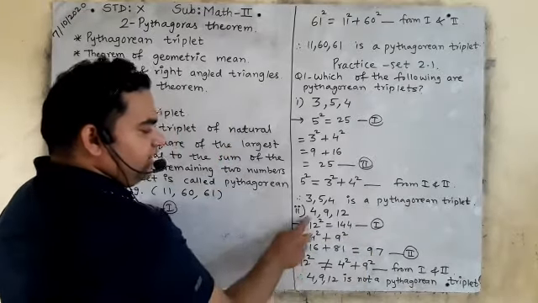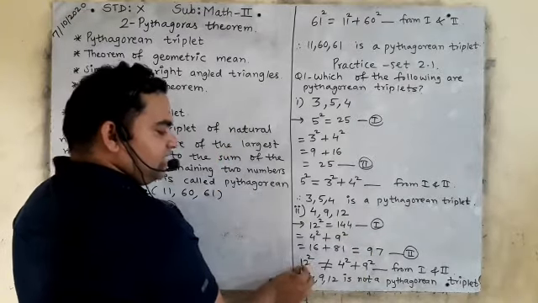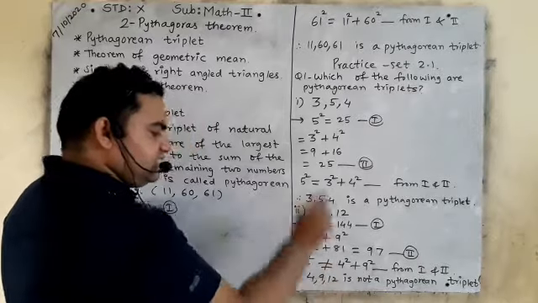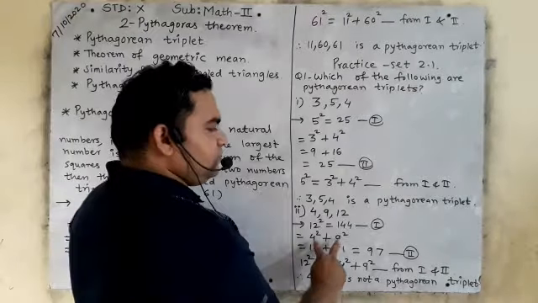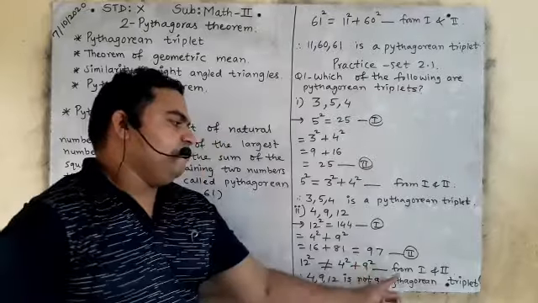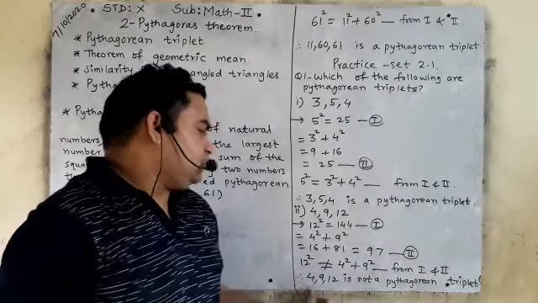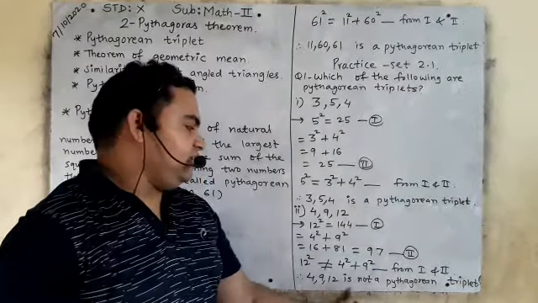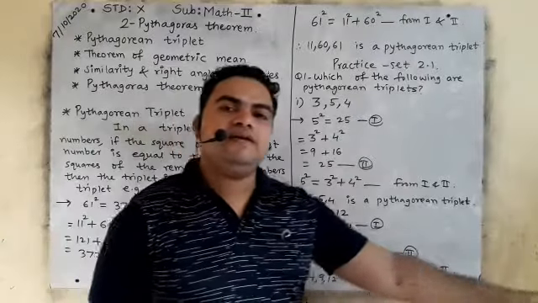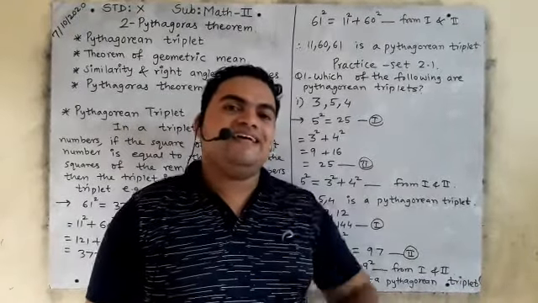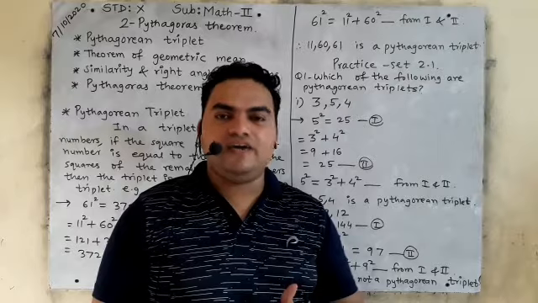So therefore the square of the largest number does not equal the sum of the squares of the two remaining numbers, from first and second. So therefore 4, 9, 12 is not a Pythagorean triplet. Is it clear? The rest of the questions you will solve on your own.